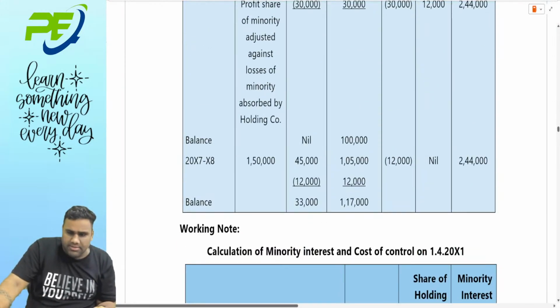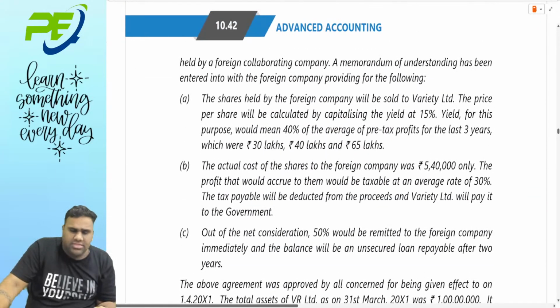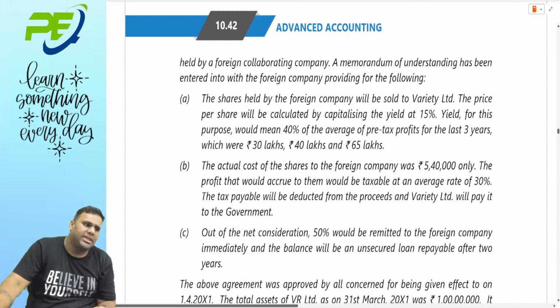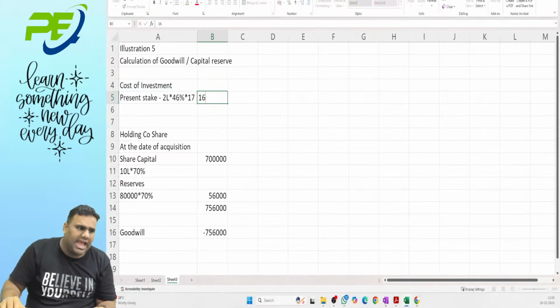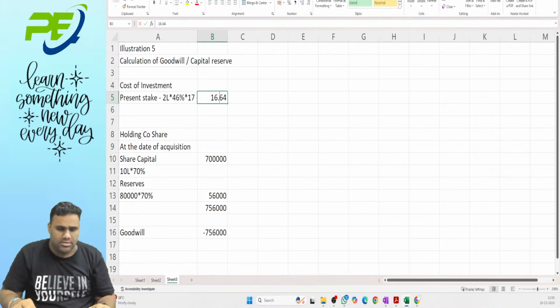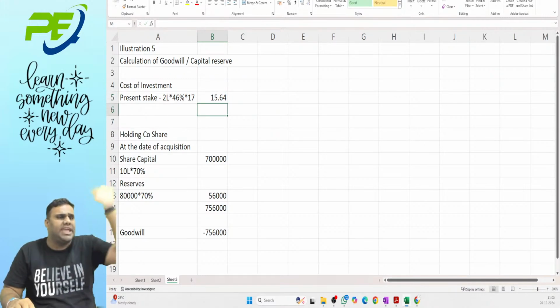Are the numbers in lakhs or whole numbers? All the numbers are in lakhs, so I'll keep all the numbers in lakhs. 15 lakhs, 64,000. This is the present stake, everyone.